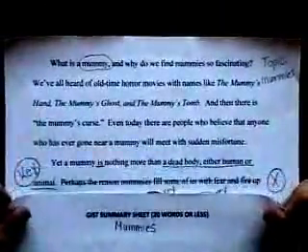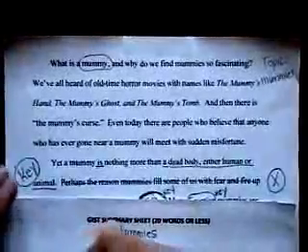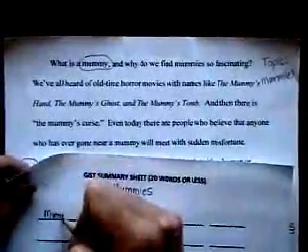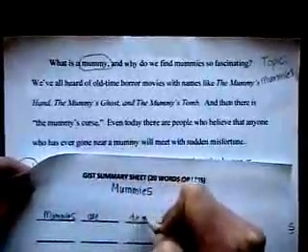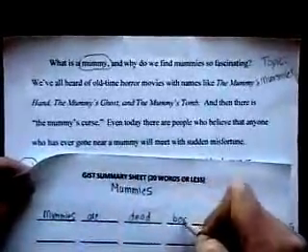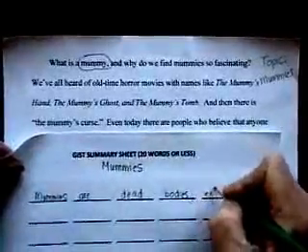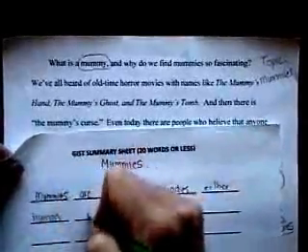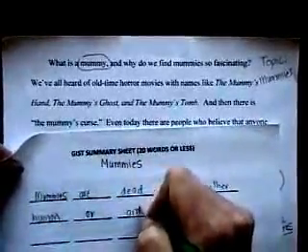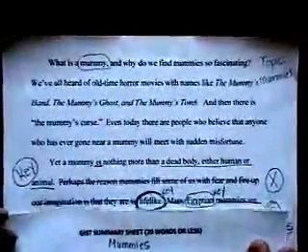And the first thing that I captured that I thought was really important is that mummies are dead bodies either human or animal.